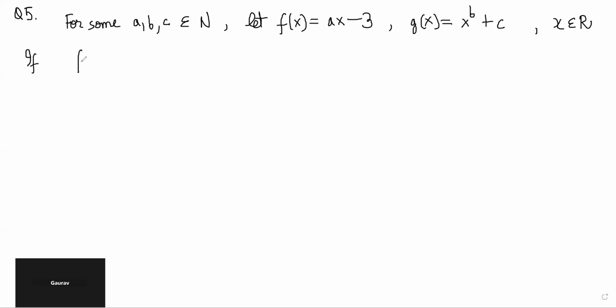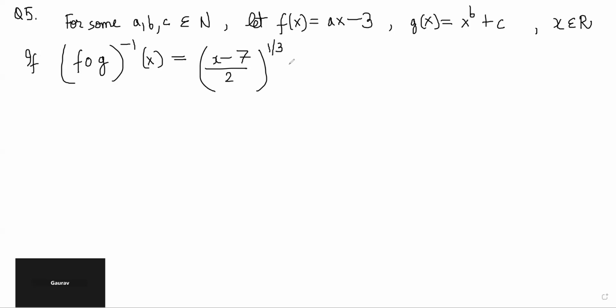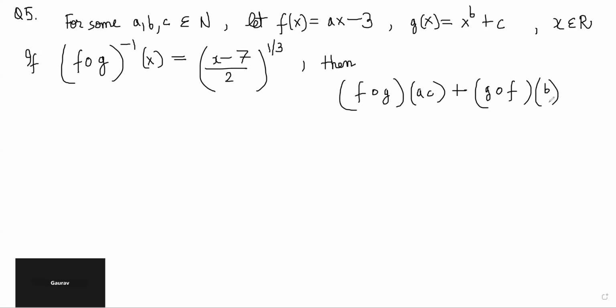If (fog) inverse of x is equal to ((x minus 7)/2) whole to the power 1/3, then (fog)(c) plus (gof)(b) is equal to what?